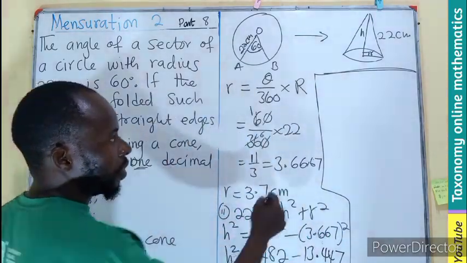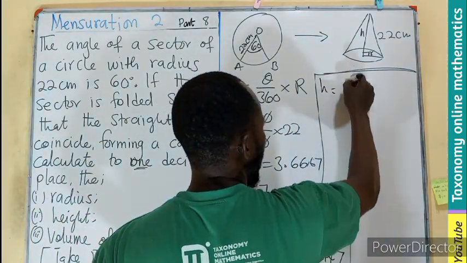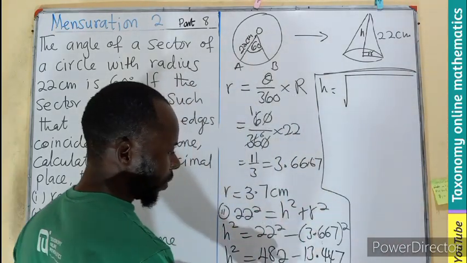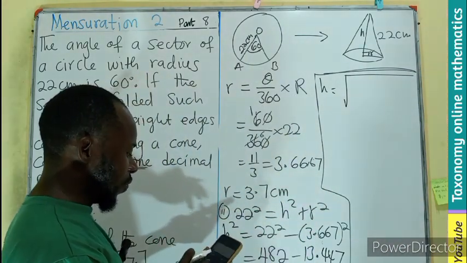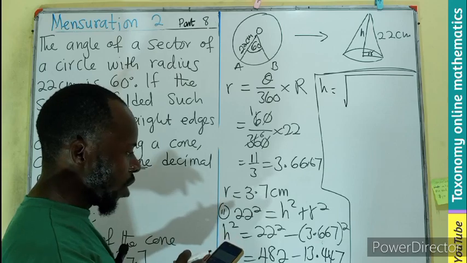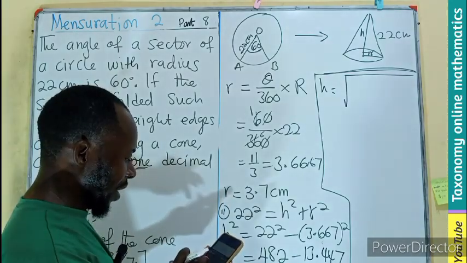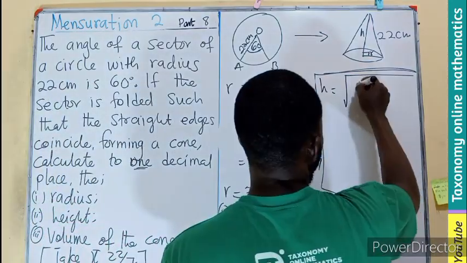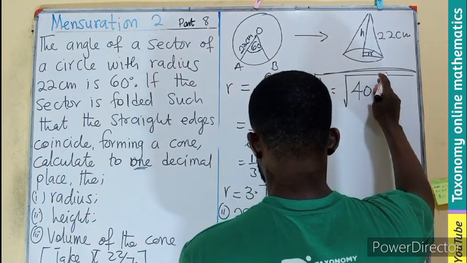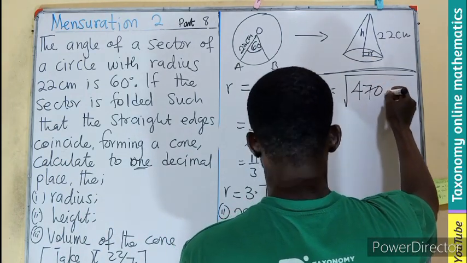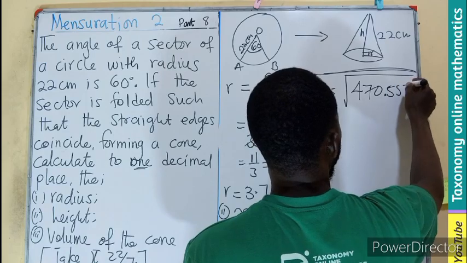So what are we going to do? Our h will be equal to the root of this subtraction, which is 484 minus 13.447, which will give us 470.553.